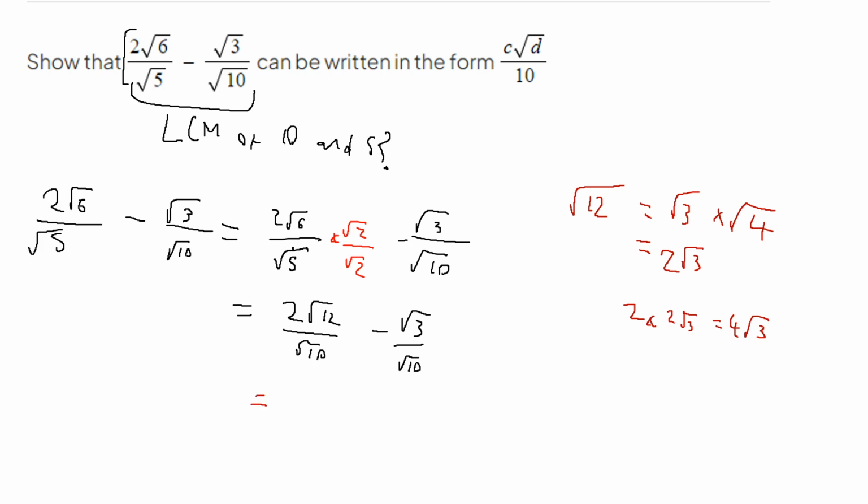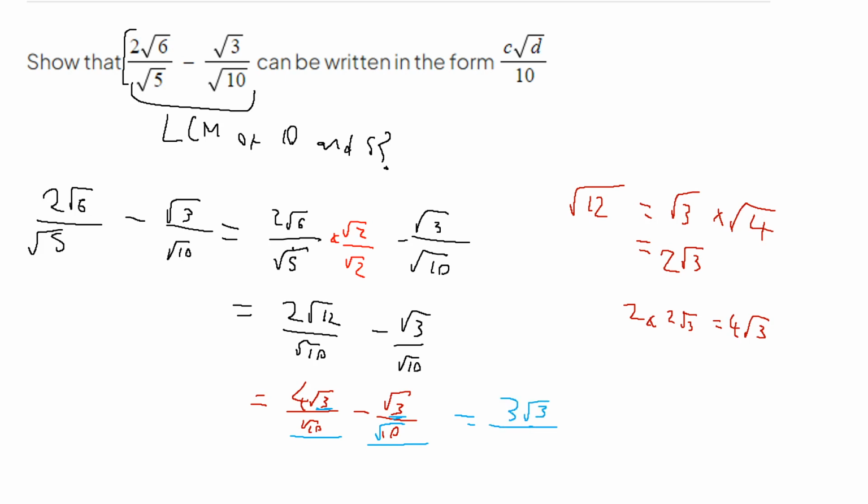And so therefore, we can rewrite this as 4 root 3 over root 10 minus root 3 over root 10. And now, because our surds are the same and our denominators are the same, we can now subtract one from the other. What's 4 minus 1? 4 minus 1 is 3, so we are left with 3 root 3.